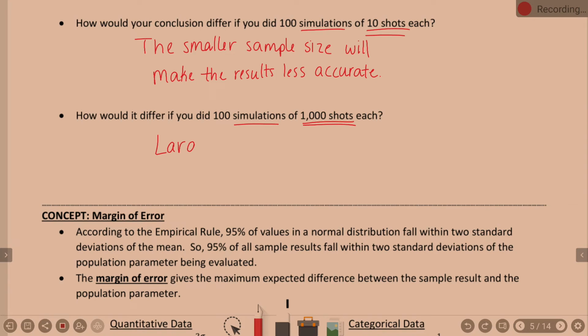So I'm going to say larger sample size should increase accuracy. Okay.